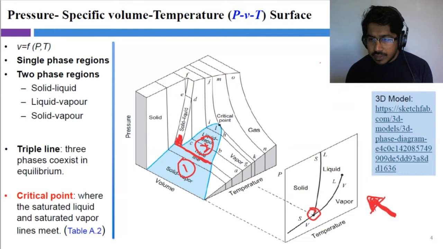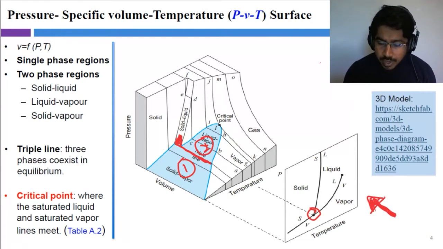Does a triple line only exist for isothermal conditions? Usually we use the word isothermal to explain processes, right? But what we are discussing right now is not a process exactly, but states.